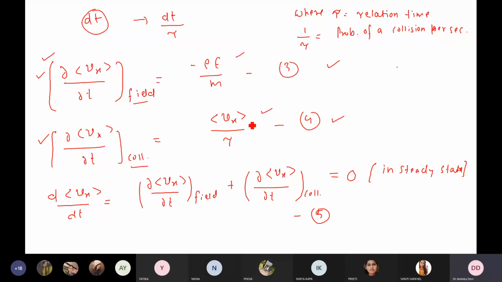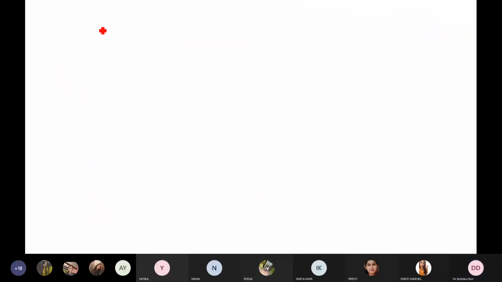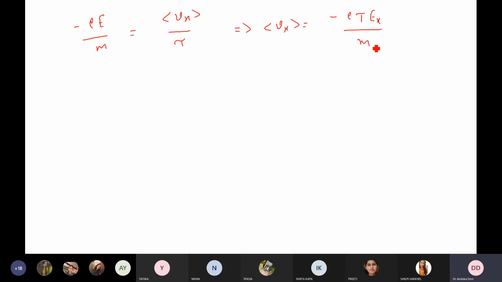It means minus eEx upon m is equal to Vx by tau, which further means that Vx, the average velocity of the electrons, is equal to minus e tau Ex divided by m. Let us say this is equation number 6.